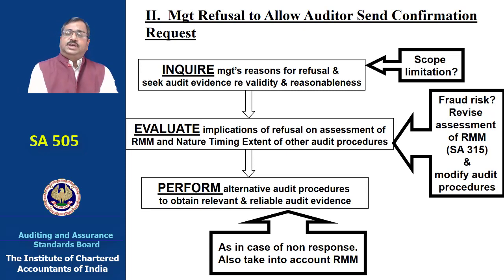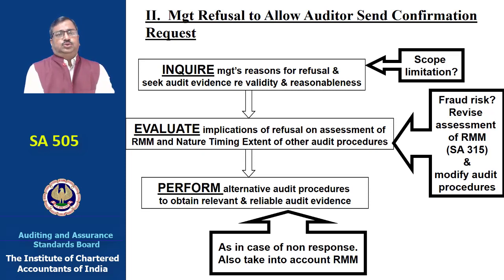Auditor has to also see whether there exists any fraud risk, and then he has to revise the assessment of risk of material misstatement and modify his audit procedures. In such cases, the auditor has to perform the alternative audit procedures to obtain relevant and reliable audit evidence, and if he concludes that there exists a risk of material misstatement, then he can appropriately deal with it in audit reporting.